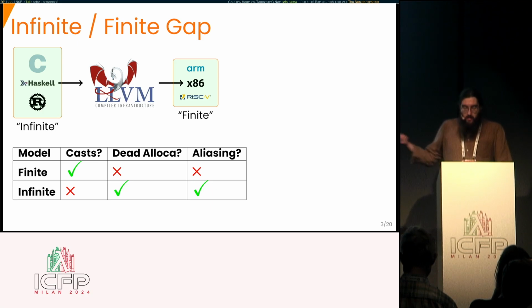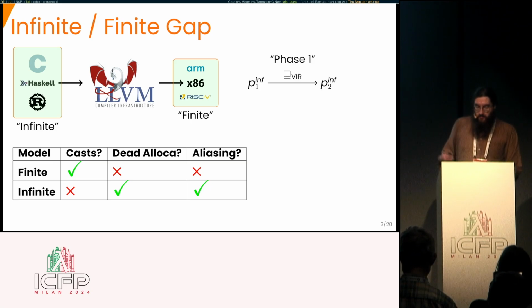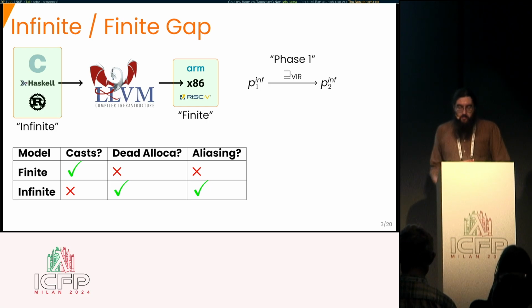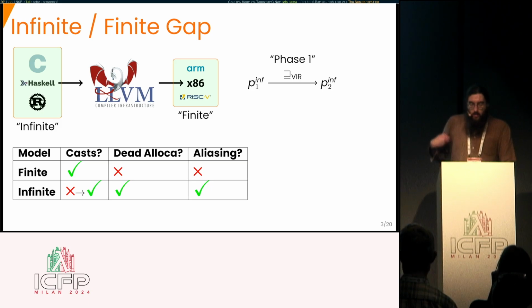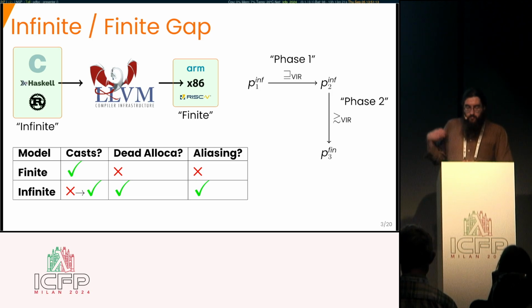We will end up providing a semantics for both infinite and finite LLVM, and we will formally bridge the gap between these two languages. The idea is that programs will be optimized under the infinite LLVM semantics, which allows for more optimizations. And notably, we will also address an issue with pointer casts to allow for even more optimizations.